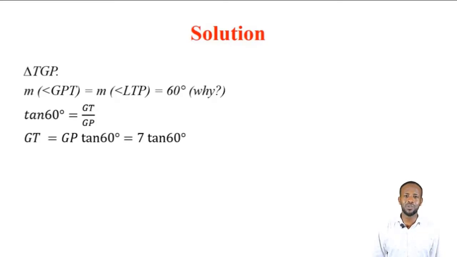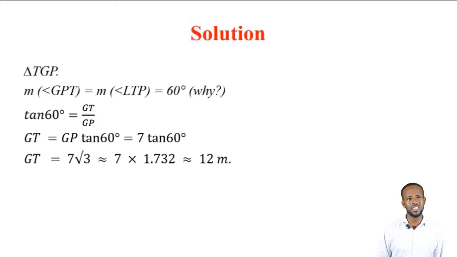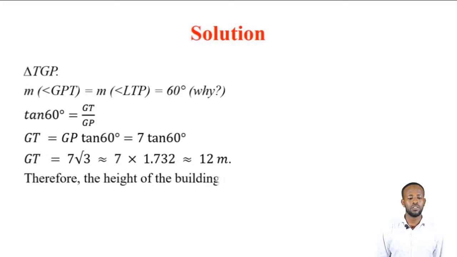We know what tan of 60 degrees is. So this will be equal to 7 times radical 3, approximately 7 times 1.732, which is approximately 12 meters. Therefore the height of the building is about 12 meters.